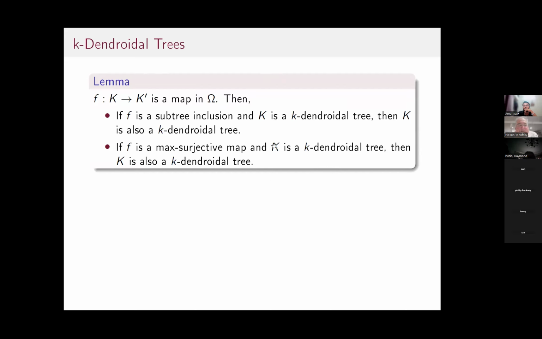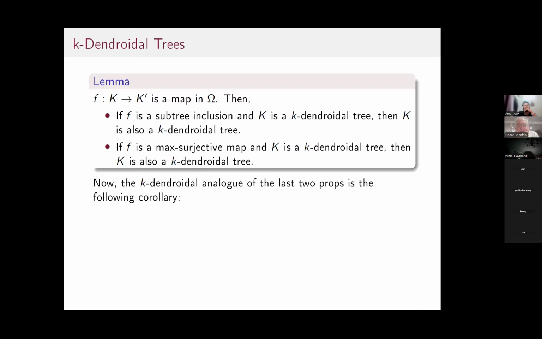There's a typo: if f is a subtree inclusion and K is a k-dendroidal tree, then K prime is also a k-dendroidal tree. If it's a maximal subtree, then K is also okay. Sorry about the typo.